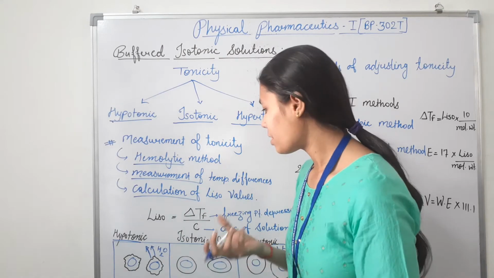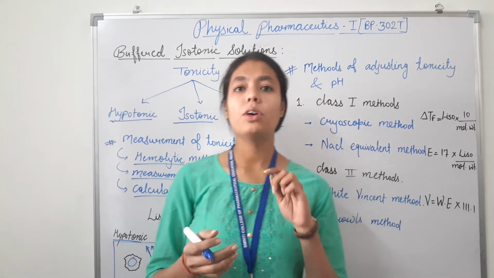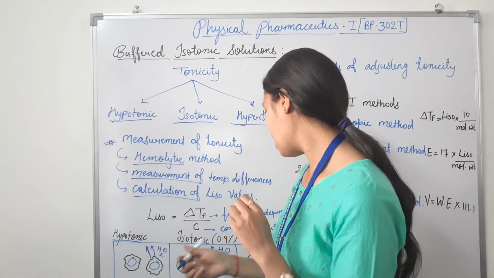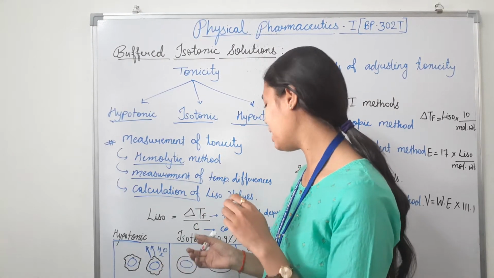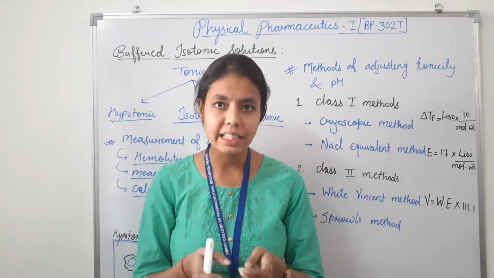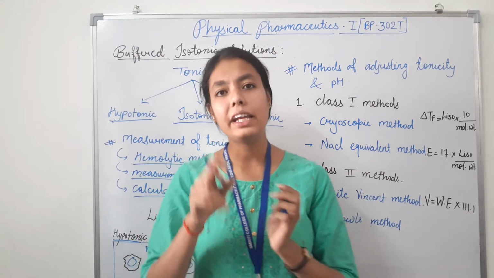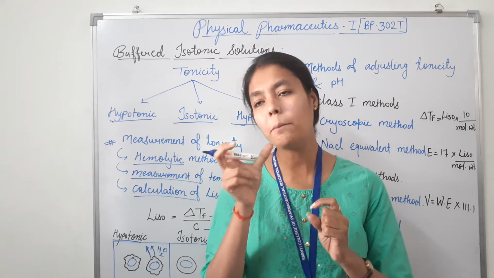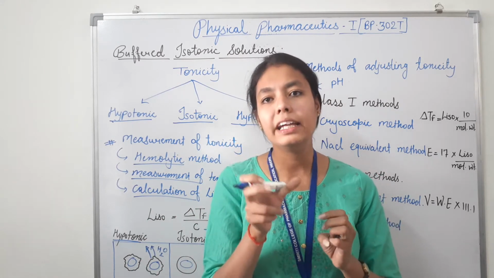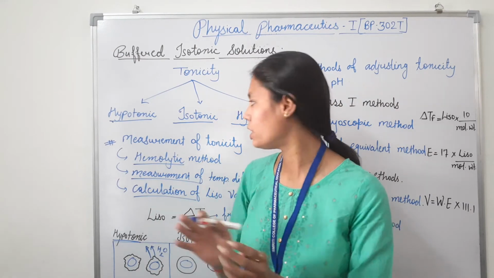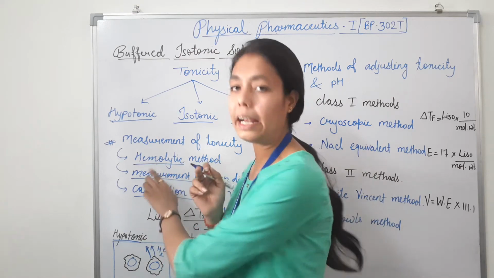Whenever the solution is hypotonic, the oxyhemoglobin liberates from the cell, and it is directly proportional to the amount of hemoglobin that is coming into the solution. So this method is called the hemolytic method.